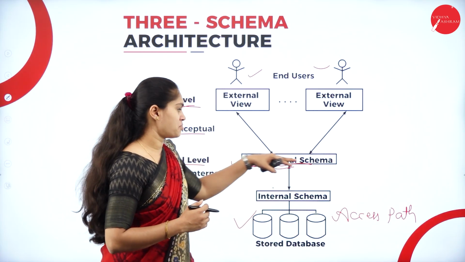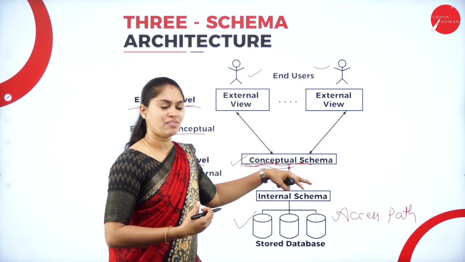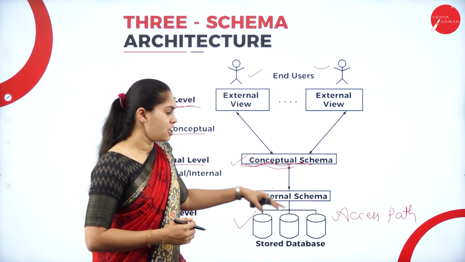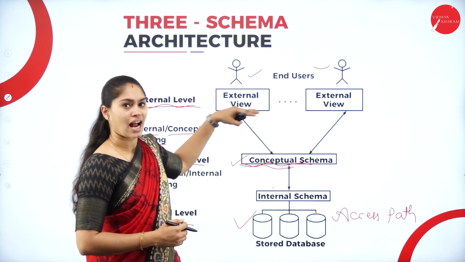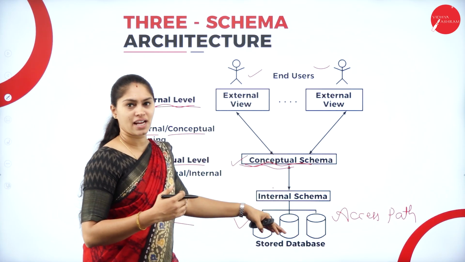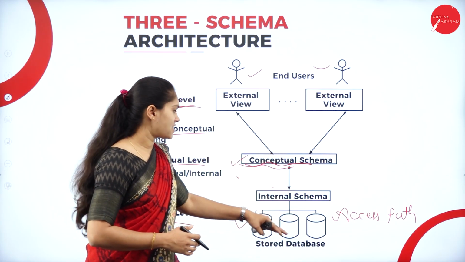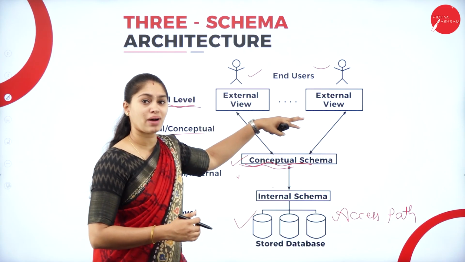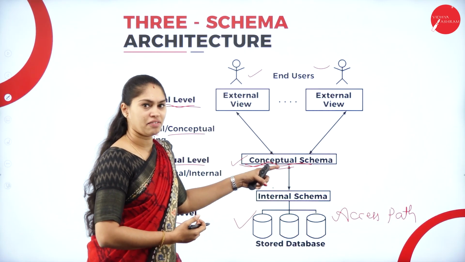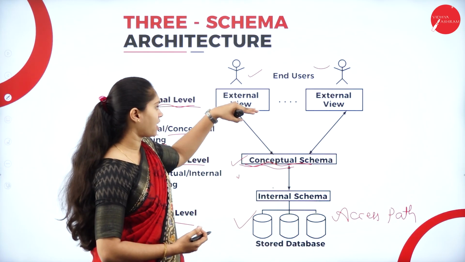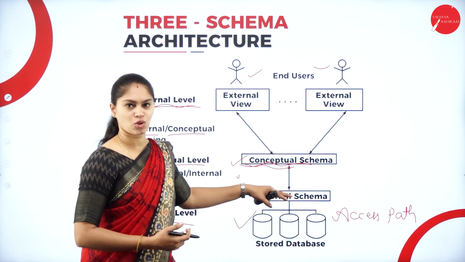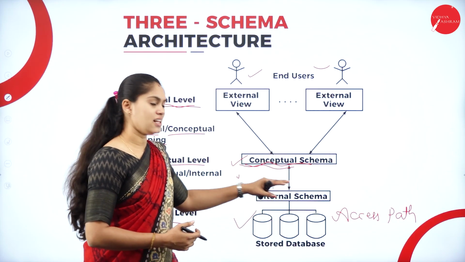In this conceptual schema, there is somewhat less abstraction than in the internal schema. As the levels go high, the abstraction will be more. So the conceptual schema has less abstraction than the external level, and more abstraction than the stored database at the internal schema.